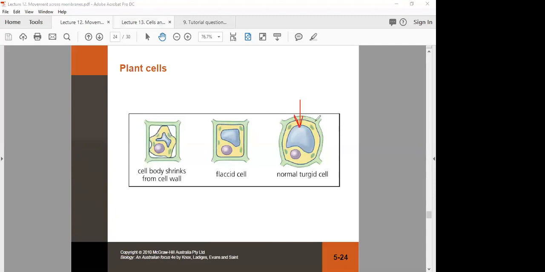This means that we have pressure building up inside the cell, and that's required to facilitate this normal turgid cell state within a plant. So once again, quite different to animal cells.